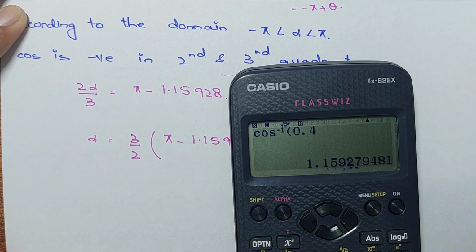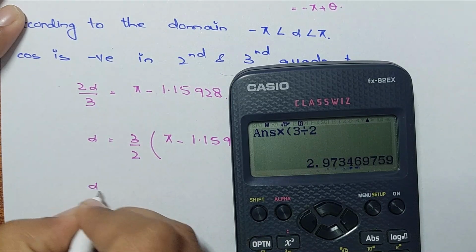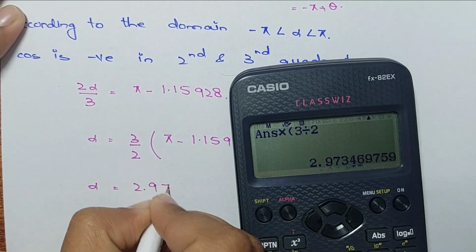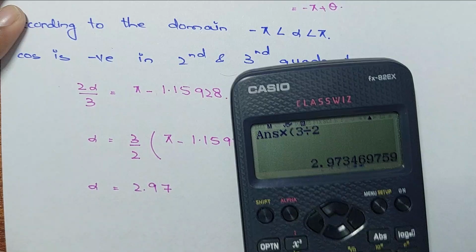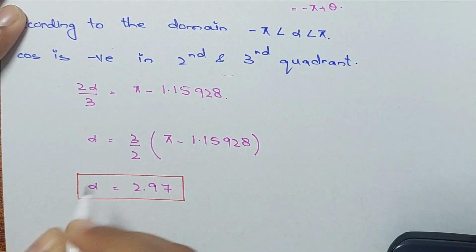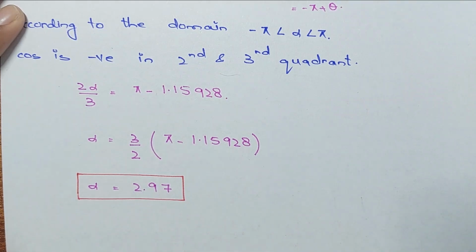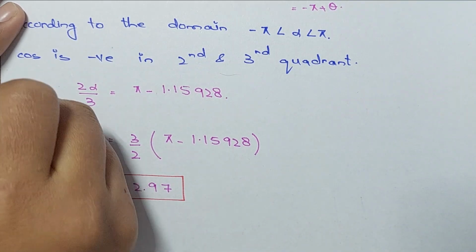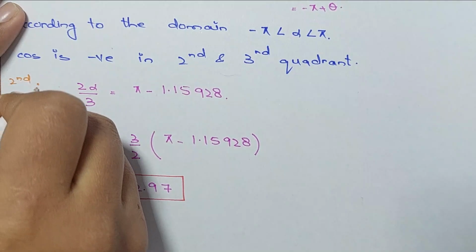Pi minus that angle, multiply by 3 by 2, is 2.97. Alpha is 2.97. This is the value for alpha, one solution. And cos is also negative in the third quadrant.